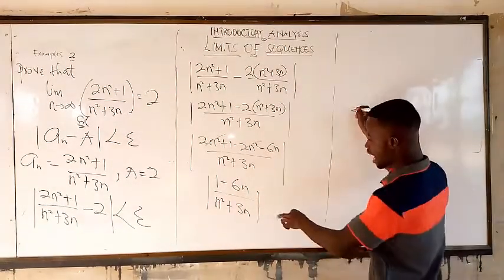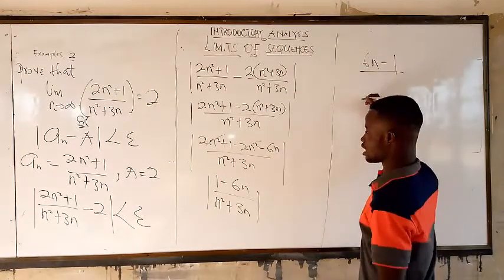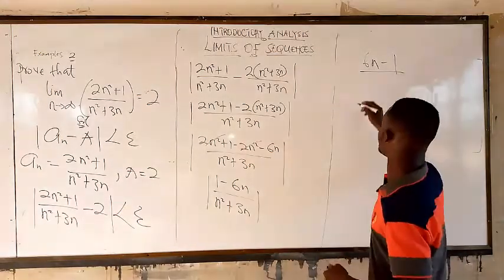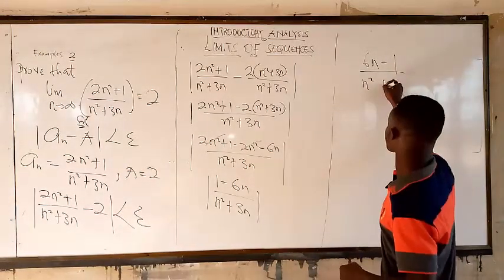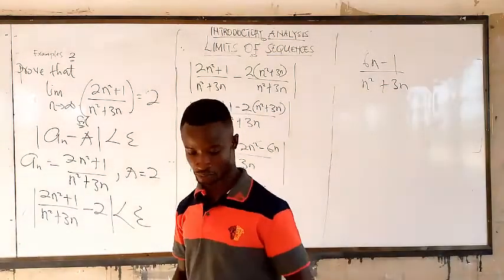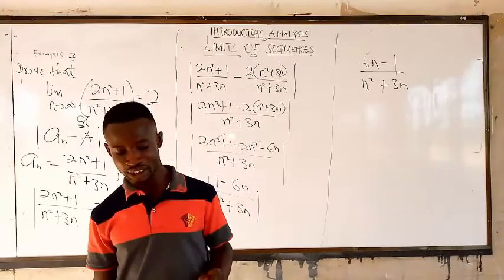So we are going to have (6n minus 1) over (n squared plus 3n). Now listen.